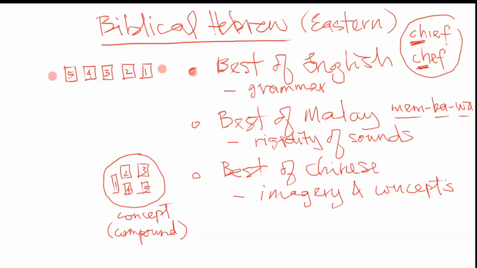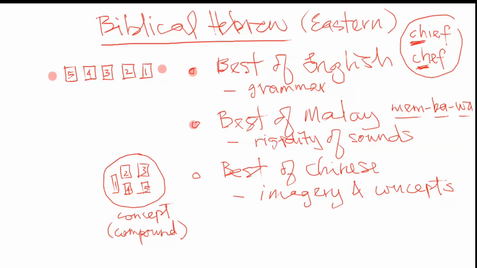And sometimes some of these letters can disappear because of some rules. And because it is in a sequence, I now can do grammar and concept at the same time. So if you don't know Chinese, doesn't matter. I'll be introducing you to a lot of Eastern thinking.